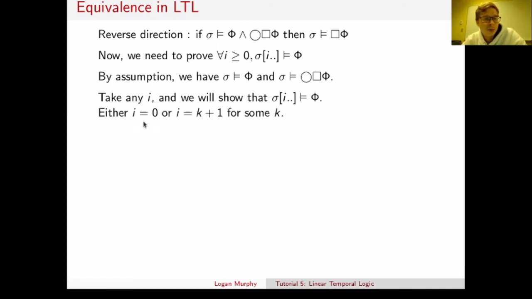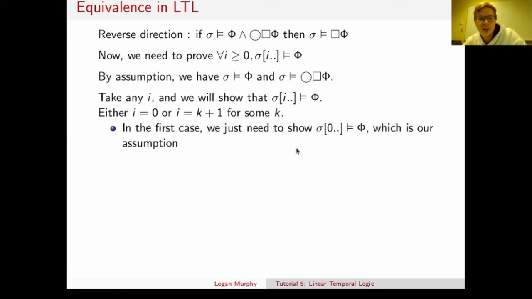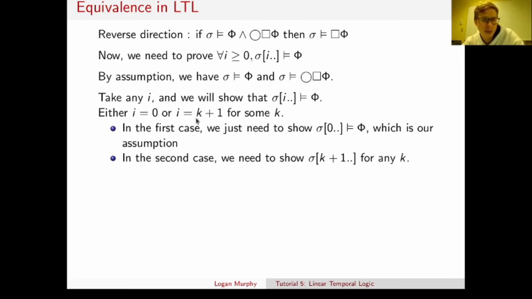So either i is equal to 0 or i is equal to k plus 1 for some k. In the first case, our goal here just becomes sigma 0 satisfies phi, which is just sigma satisfying phi, and that's one of our assumptions, so that case is trivial. In the second case, we need to show that for any k, i is equal to k plus 1, so show that sigma k plus 1 satisfies phi.